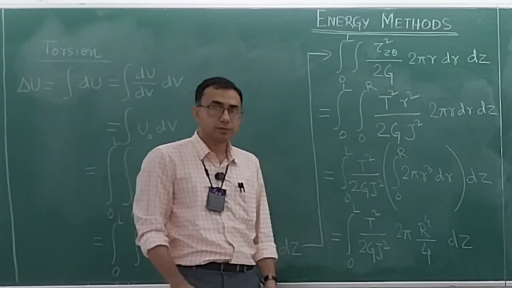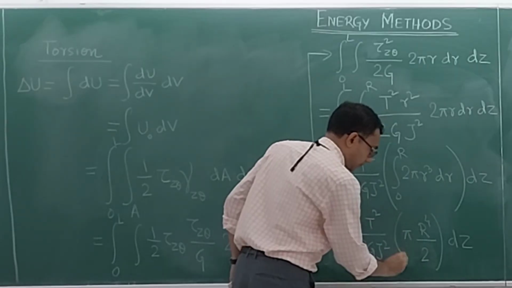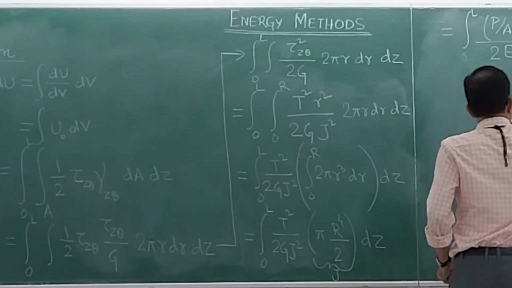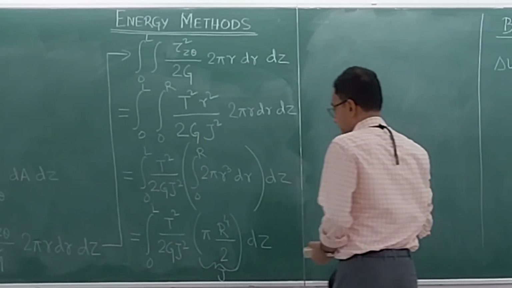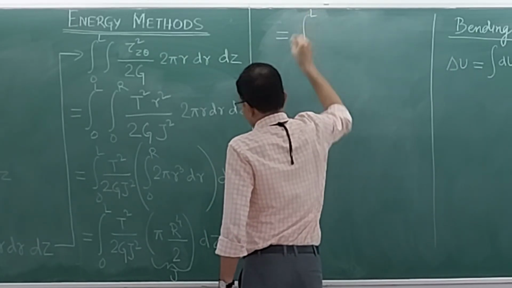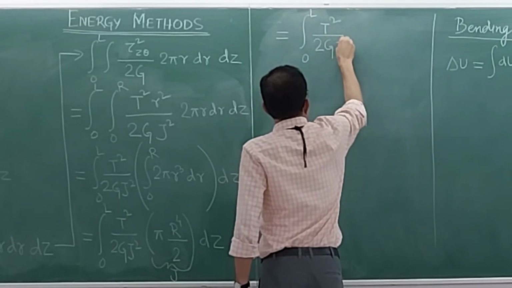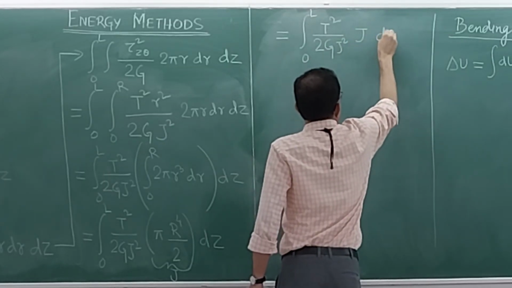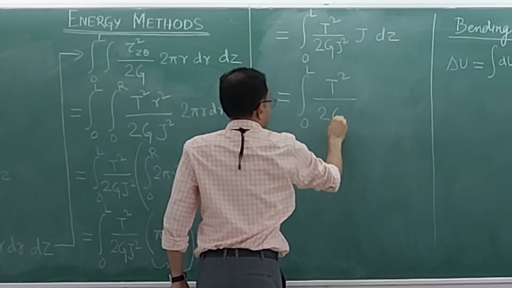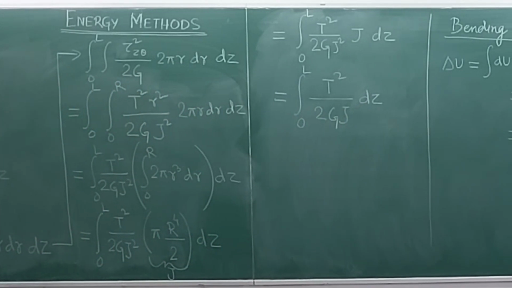Okay, which is nothing but the j itself. So this is the formula for the torsion case.